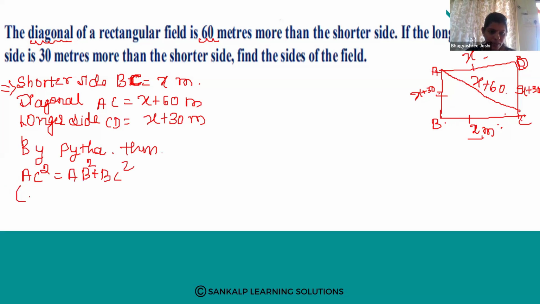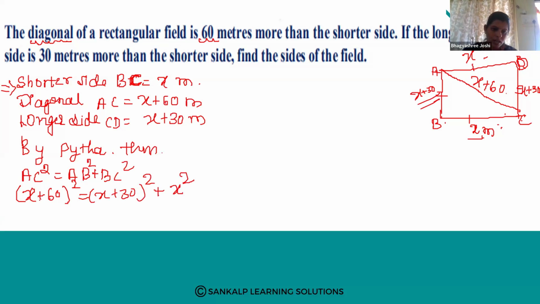See, AC is x plus 60 whole square is equal to AB value, AB value is x plus 30 square, plus BC value is x square. Now, see, this is in the form of a plus b bracket square. So a plus b bracket square is a square plus b square plus 2ab. Yes or no? A square plus b square plus 2ab.